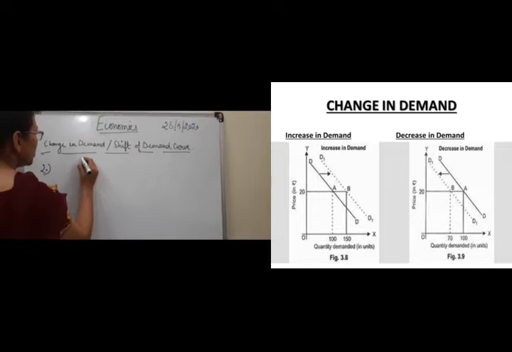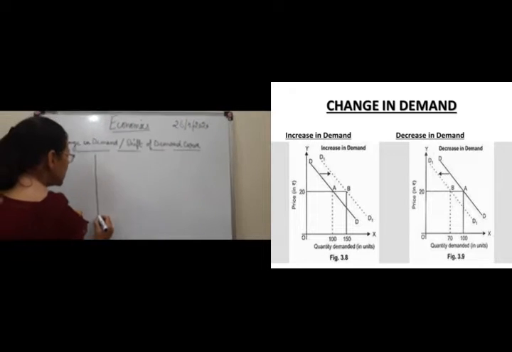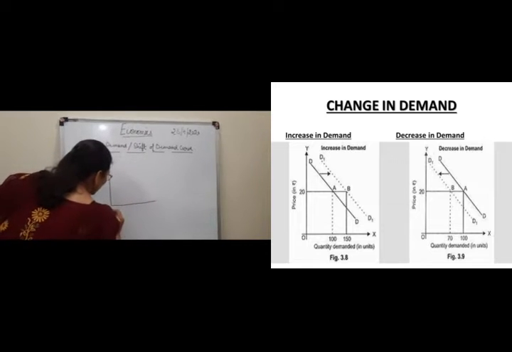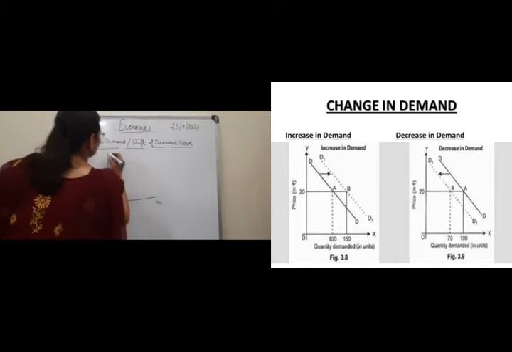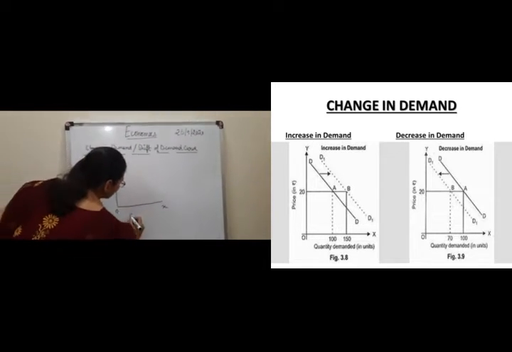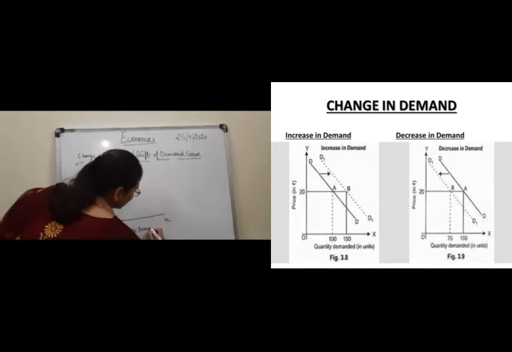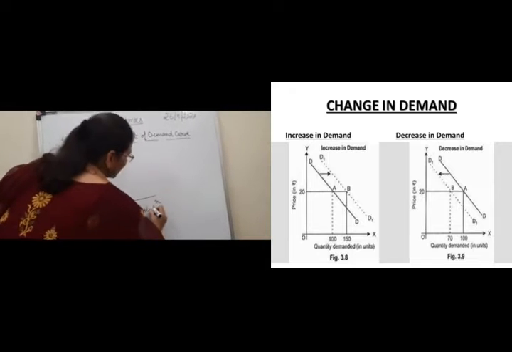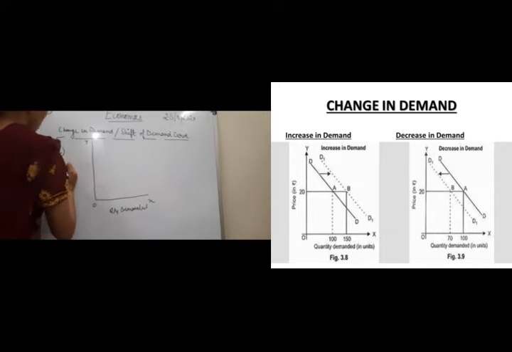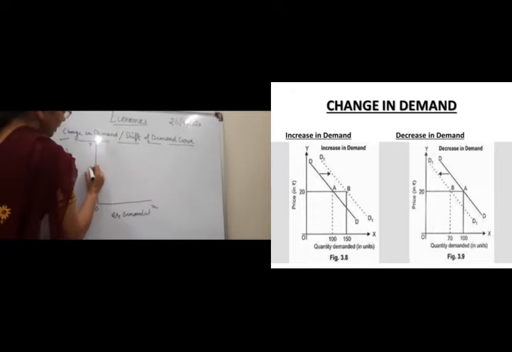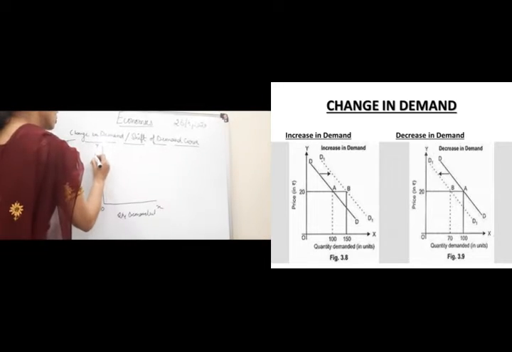Now the second way of showing the same thing, that is shifting of a demand curve. Again, quantity on the x-axis, price on the y-axis. Now here we are taking price variations.